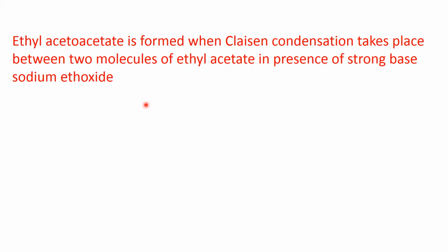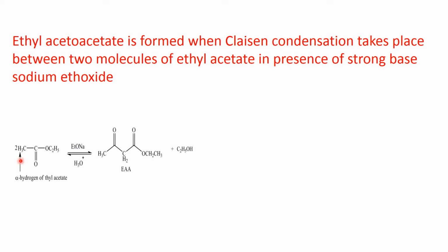Now, ethyl acetoacetate is formed by the Claisen condensation between two molecules of ethyl acetate, which is a derivative of acid. Ethyl acetate has alpha hydrogen atom, and the reaction takes place in presence of strong base sodium ethoxide. Let's see.